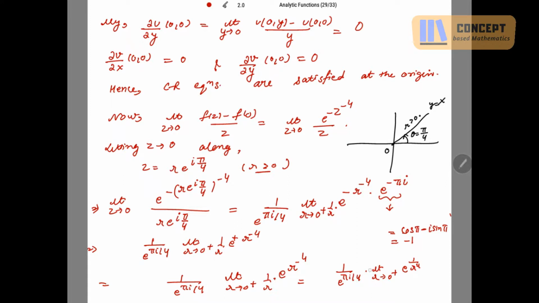Infinity into infinity is equal to infinity. So the limit does not exist finitely.